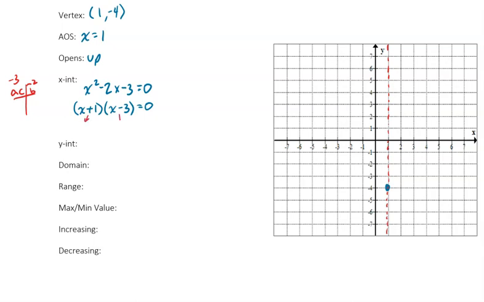We can set both of those equal to 0. And we would get x equals -1, x equals 3. So -1, 0, and 3, 0 are 2 x-intercepts. And we're going to go ahead and put those on there.